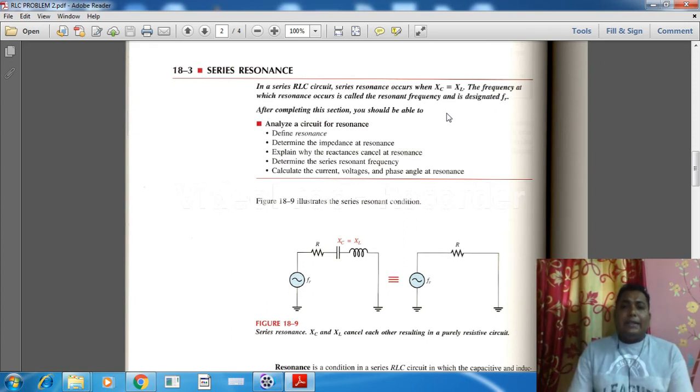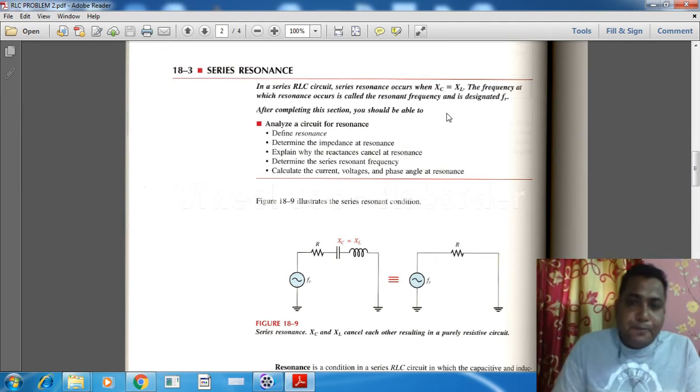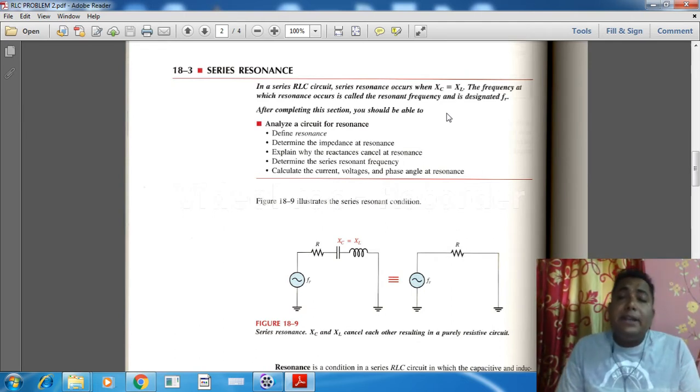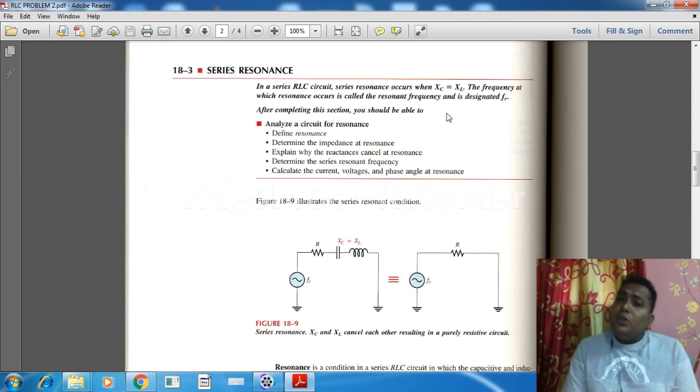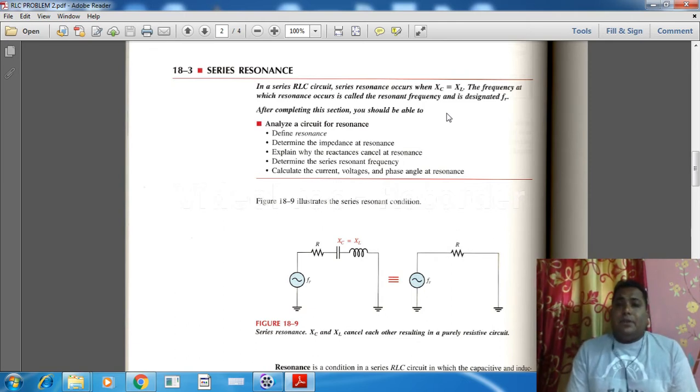The point is that in RLC series circuit, as it is a frequency dependent component, when frequency is changing, at that time XL and XC are changing. Why are they changing?